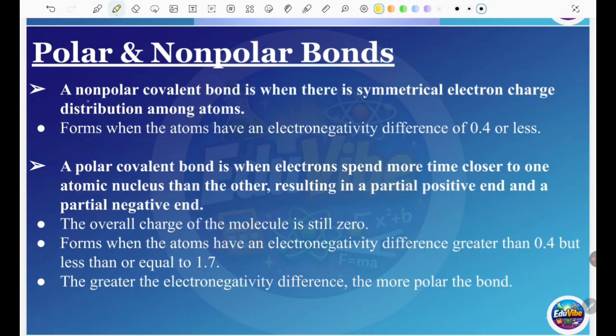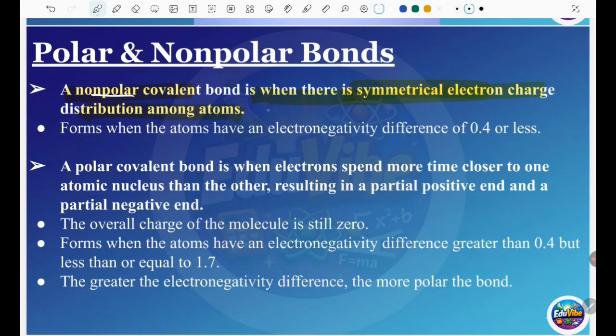A non-polar covalent bond is when there is a symmetrical electron charge distribution among the atoms. Non-polar particles are also not soluble in water.